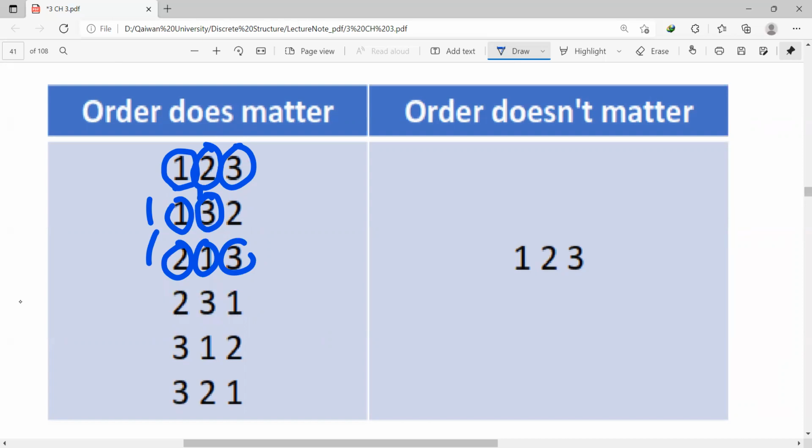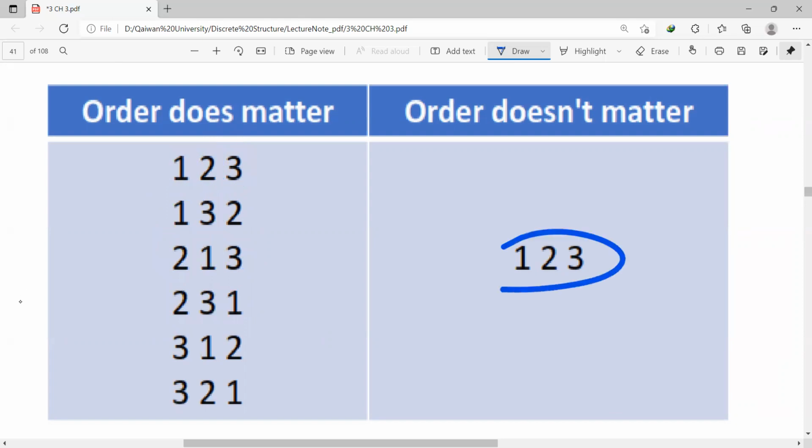But if the ordering doesn't matter, we say it's 1, 2, 3, 3 balls. We don't care which ball is first. But for permutations, we care about which ball is the first one, what's the second one, what's the third one.